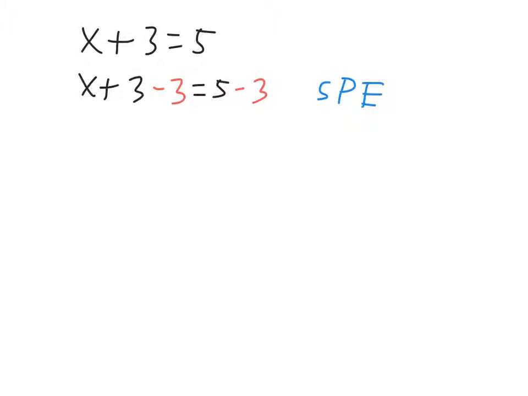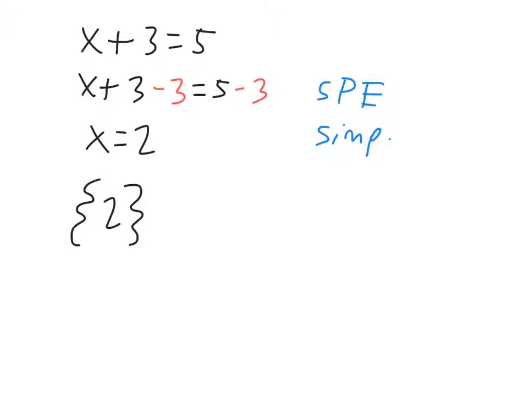So then we're left with x equals 2, and we did that by simplifying. So we get our answer as x equals 2. If we want to write it in set notation, we would just say the set of 2, like this, 2 with braces around it. And that would be our answer, right here. Set notation's really easy, and that's how you do it.